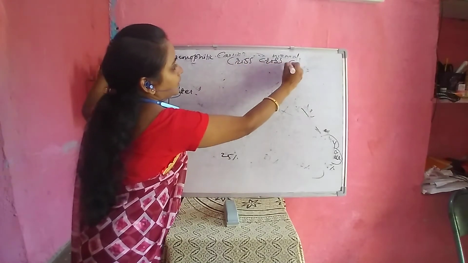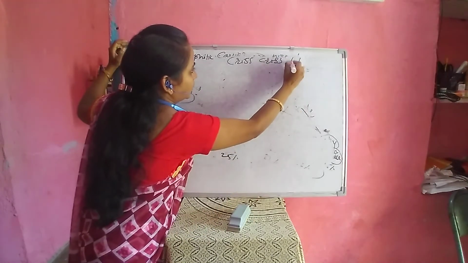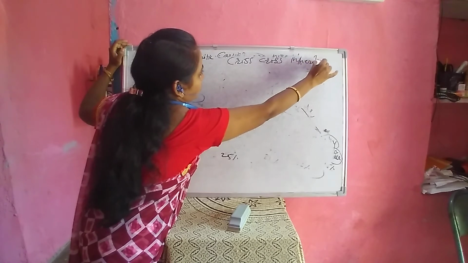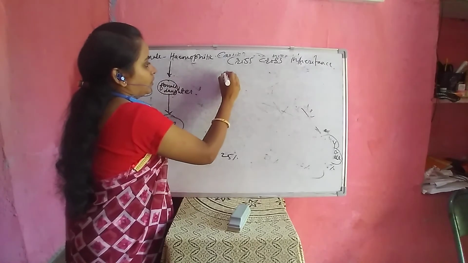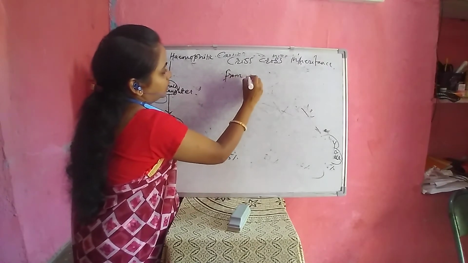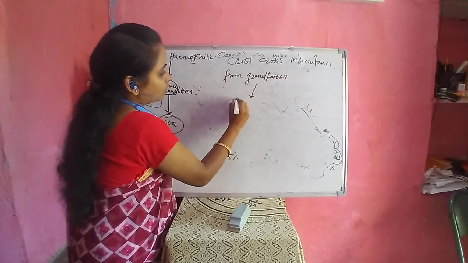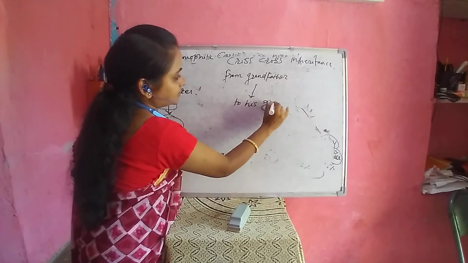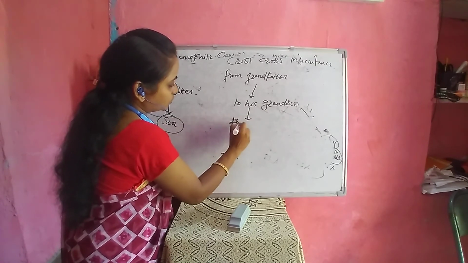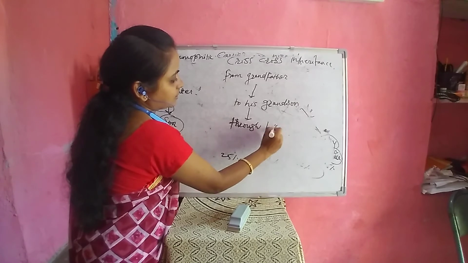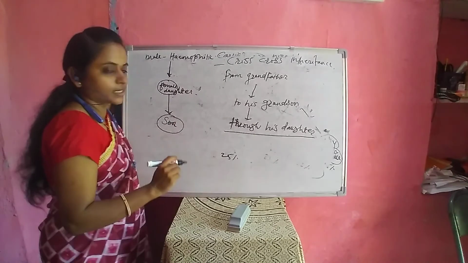It is also called criss-cross inheritance, because this character or disorder is transferred from the grandparent, the grandfather, to his grandson through his daughter. That is called criss-cross inheritance.